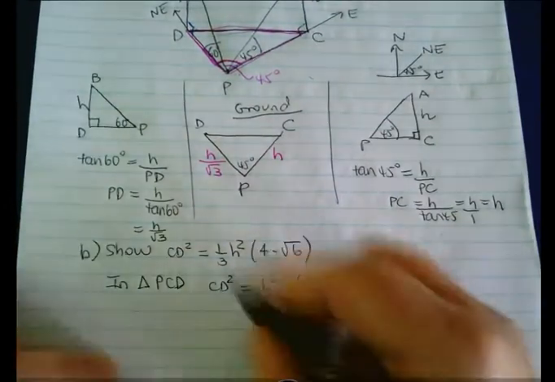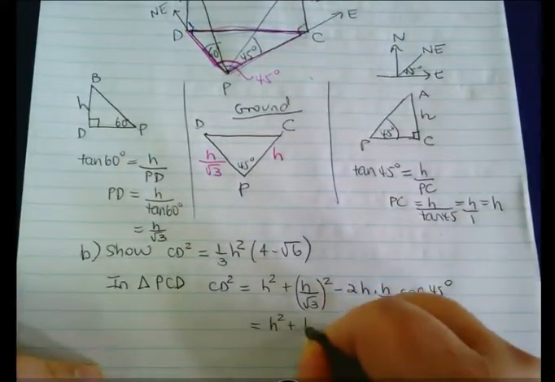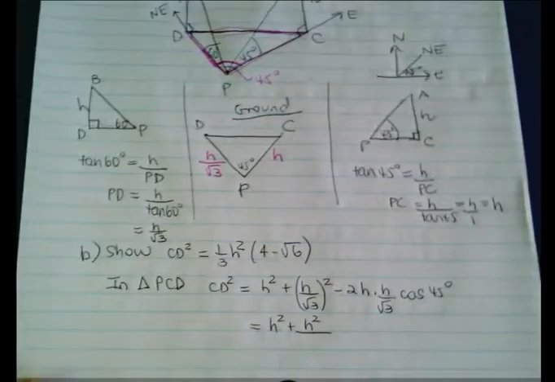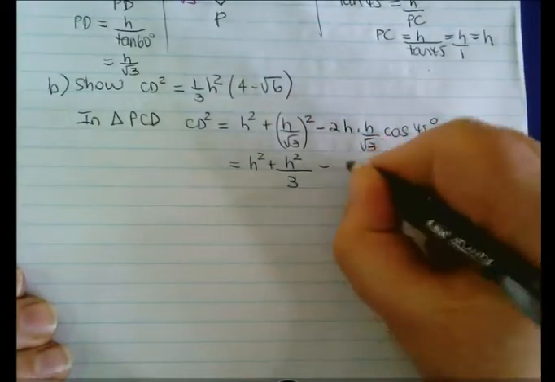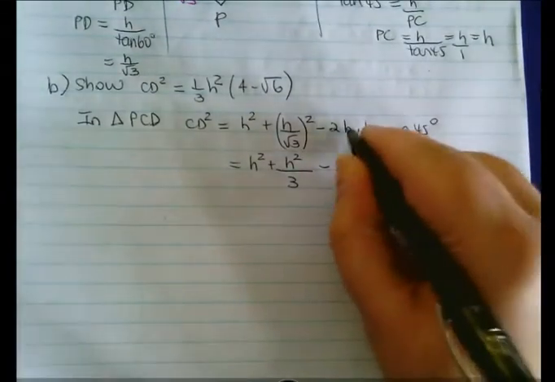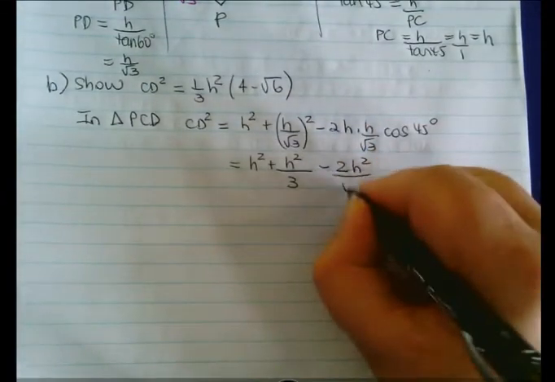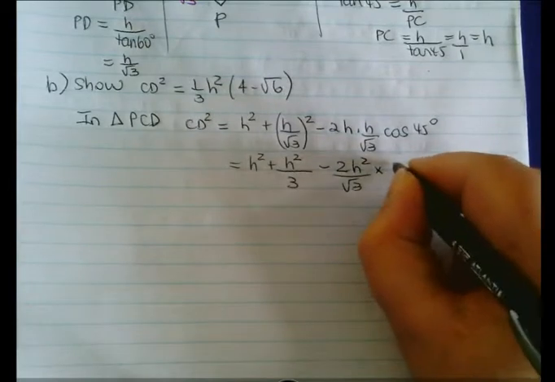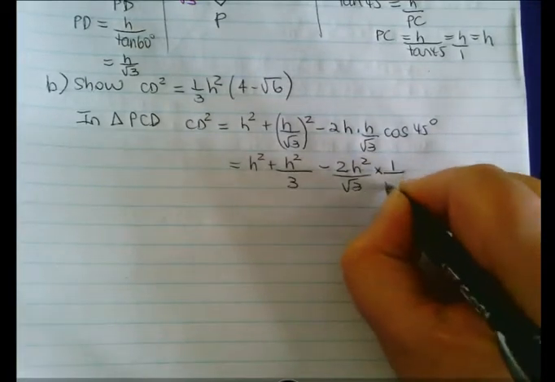Which is H squared plus H squared over, what's root 3 squared? 3. Minus 2, this is H squared over root 3. What's the cos of 45? 1 on root 2.